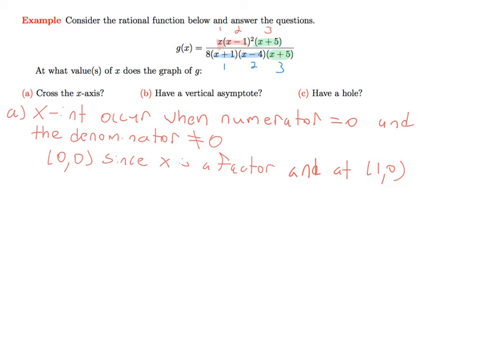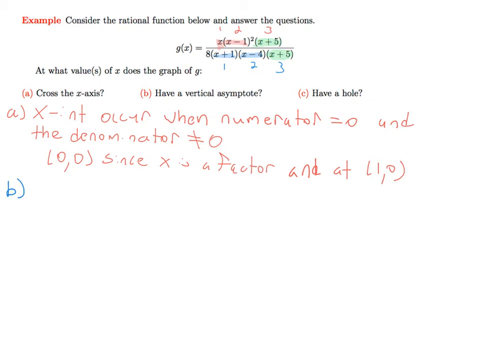And x equals minus 5 is not going to be an intercept because this factor is common with the denominator. So x equals minus 5 is not even in the domain, so it's not an x-intercept.